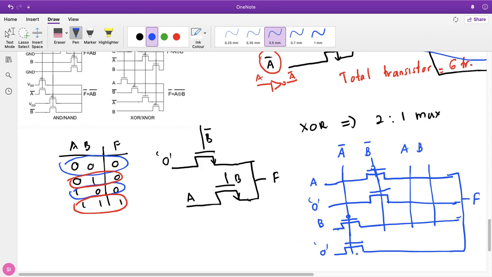Here provides a strong 0. Here provides a strong 1. So A complement, then B bar.